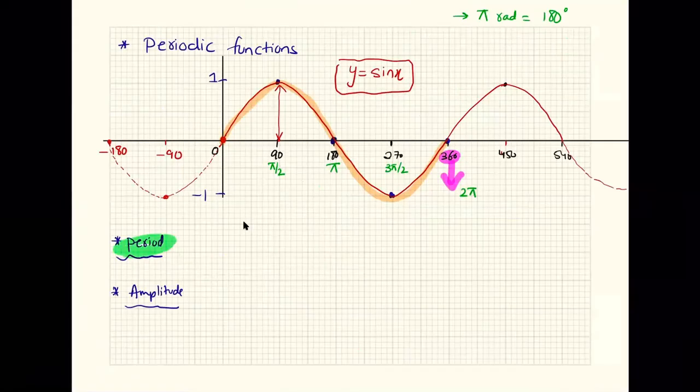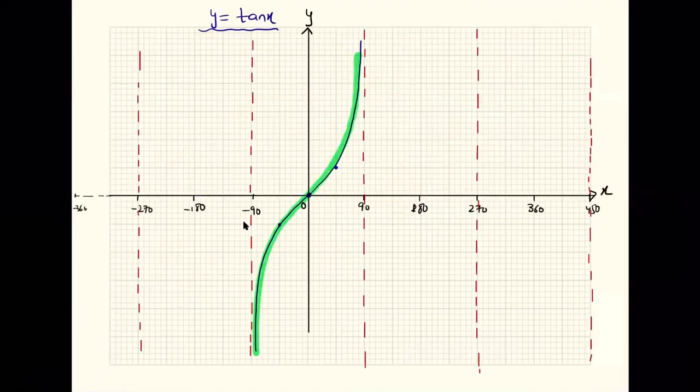However, in tan x, the pattern is going to repeat after every 180 degree. So if you see over here, the distance between these two vertical dashed lines is 180 degree. Now this means that after another 180 degree, the pattern must repeat itself. So if I extend the graph further, this is what you should get.